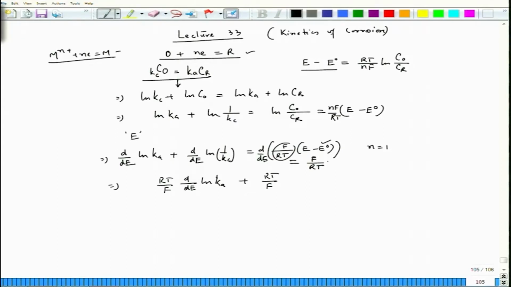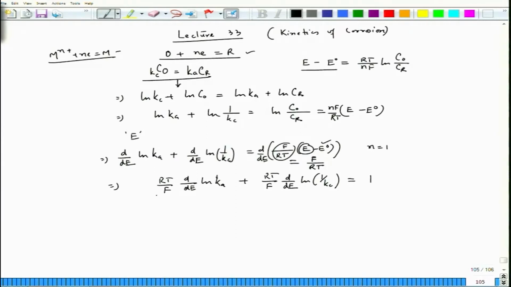So it becomes 1, that is, dE by dE is equal to 1. So this goes to 1.